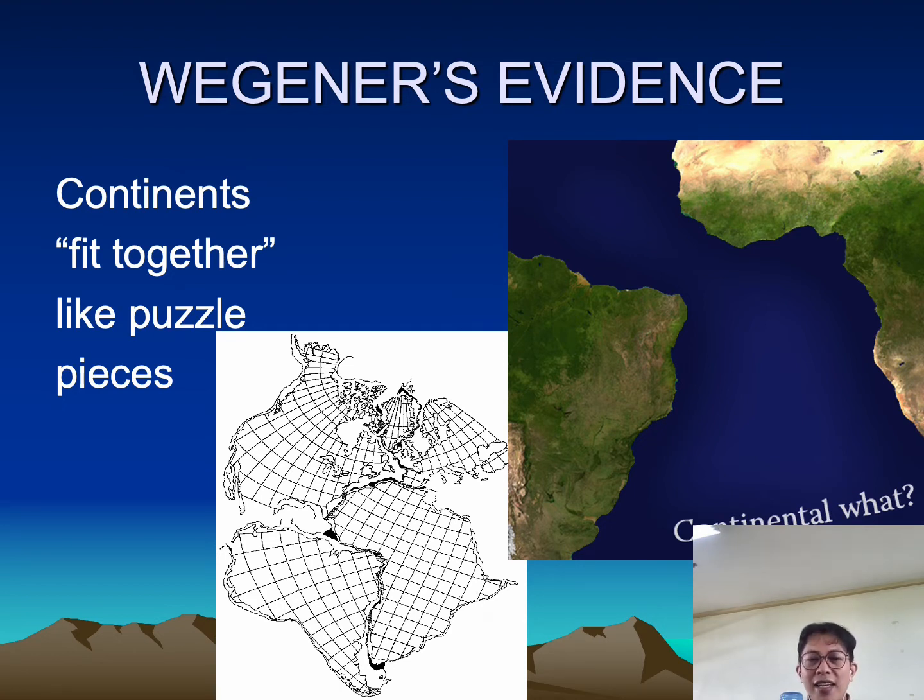Meaning, these separated continents today were one 200 million years ago. So that's one evidence Wegener provided.